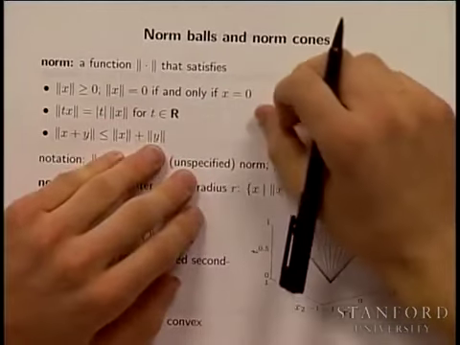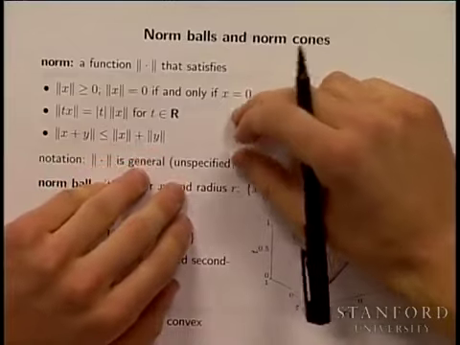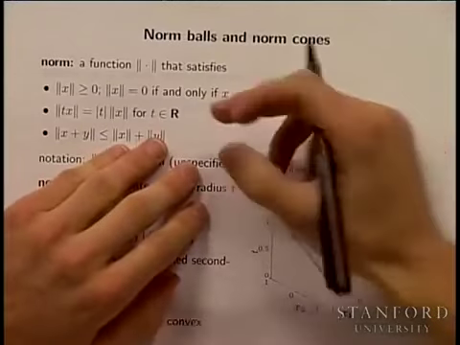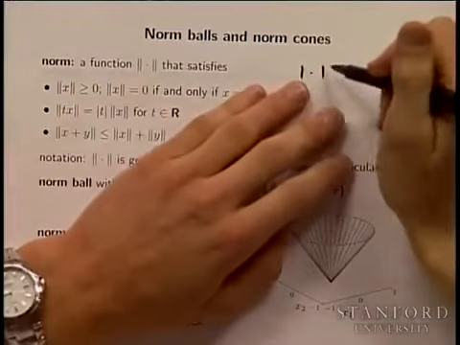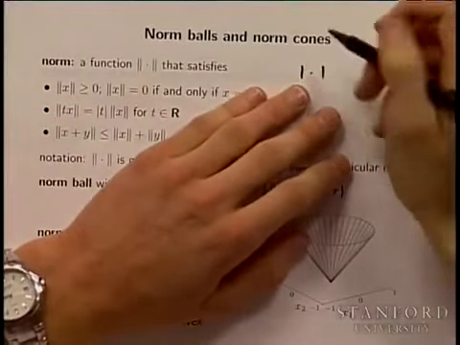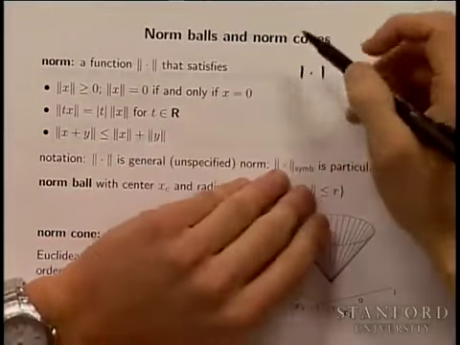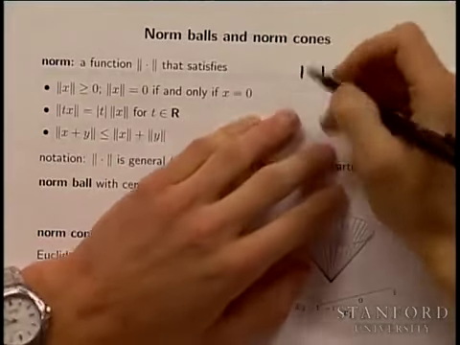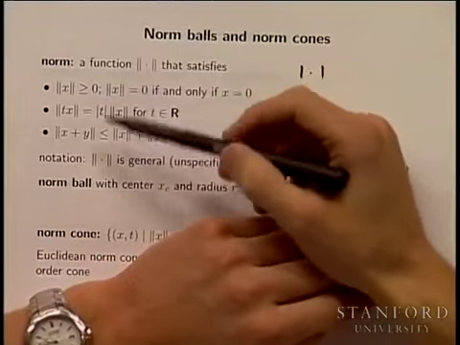You can verify quite quickly that the Euclidean norm does in fact satisfy these, and there are various other ones as well. So just a little point is that this notation here is suggestive of the absolute value symbol, which is a norm in the space R. So you'll note that if you take the absolute value of a number, it's going to satisfy all of these things in the space R.